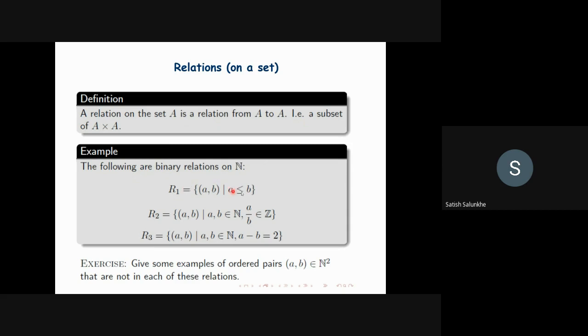One of the relationships given to you is R1, the collection of all (A, B) such that A is less than or equal to B. This is one of the relations. On set N to N, there can be another relationship R2 such that A and B both belong to N and A/B belongs to set Z. There can be another relationship R3 such that A and B both belong to N and A minus B is always equal to 2. And likewise, there can be many possible relations.